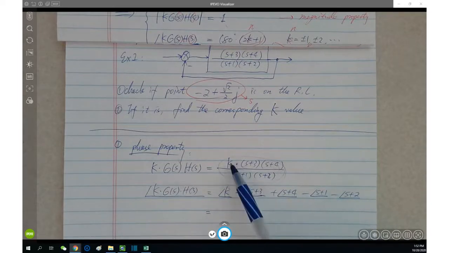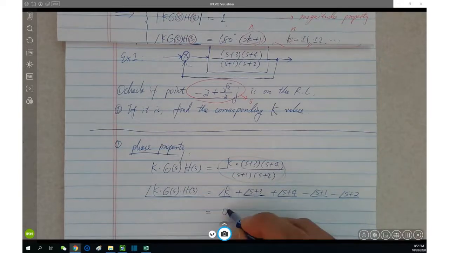This is the angle of K. This is the angle of this s plus 3, angle of s plus 4, and so on. So here, first one, the angle of k equals to what? I know Kevin is right. Kevin is right. 0 degree.